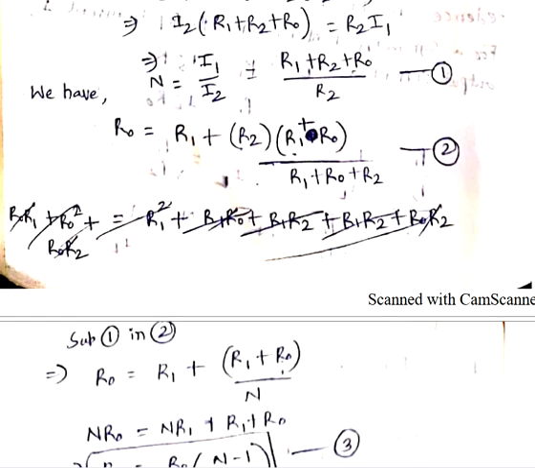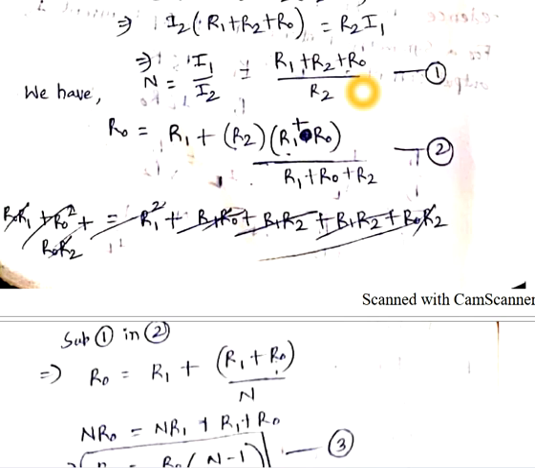Now when you substitute equation 1, that is I1 by I2, you can write it directly like R0 is equal to R1 plus R0 by N, because N is nothing but (R1 plus R2 plus R0) by R2. So you can directly substitute this here, right?